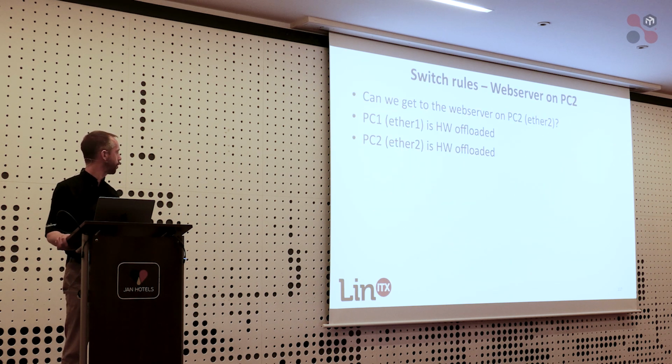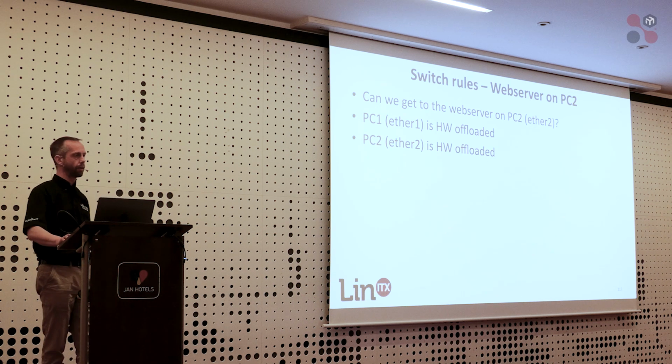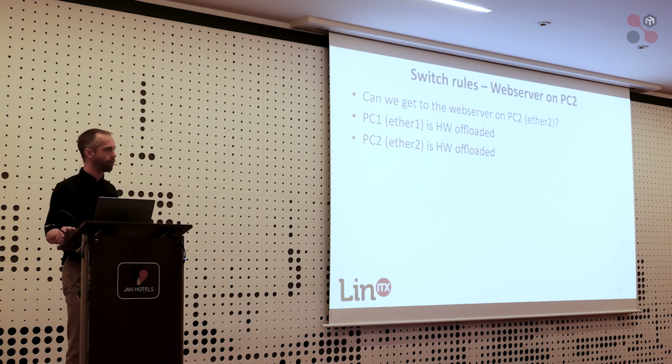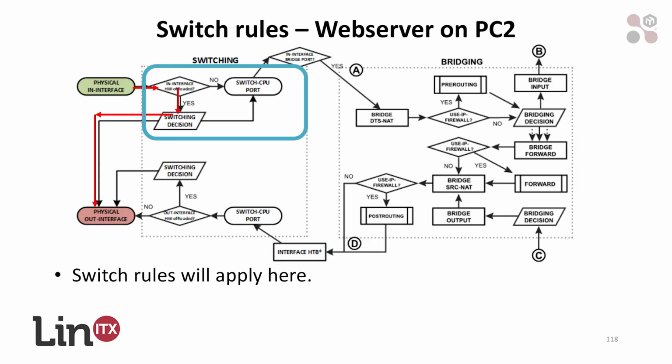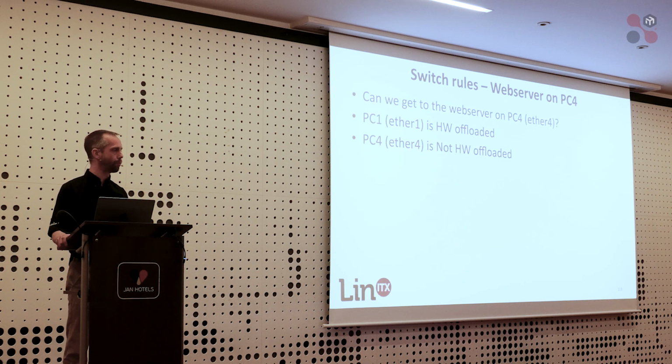So, I am on PC1, it is hardware offloaded. Can I get to my web server on PC2? No, it is now blocked. It is blocked because I have taken that route through the packet flow diagram. Right, web server on PC4. PC1 is on a hardware offloaded port.